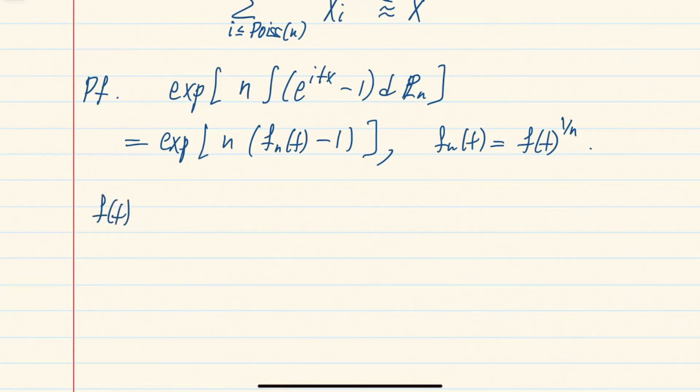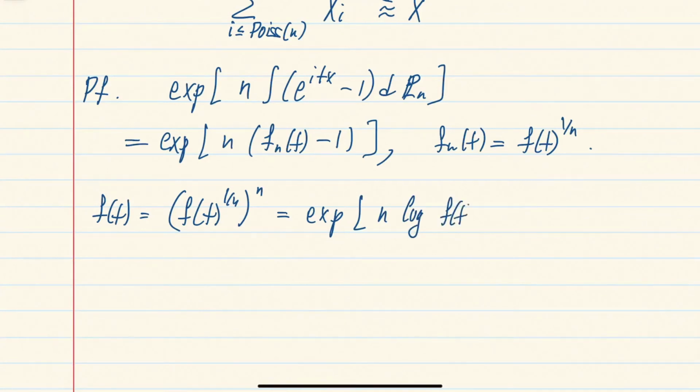But also, to understand how one can get this idea, we can start directly with our characteristic function fn, and then if we write it as the nth root of our characteristic function to the power n, and then write this as exponential of the logarithm, so it will be exponential of n logarithm of f(t) to the power 1 over n.